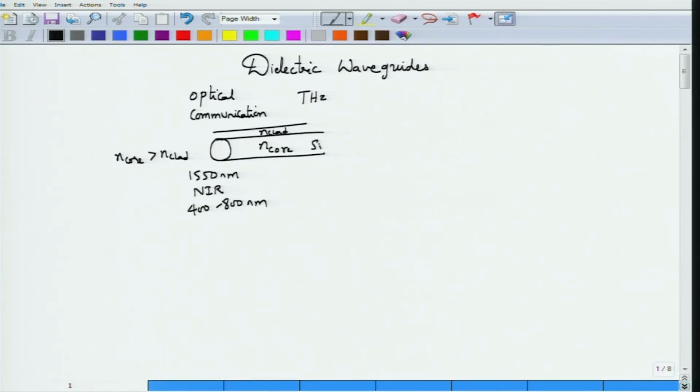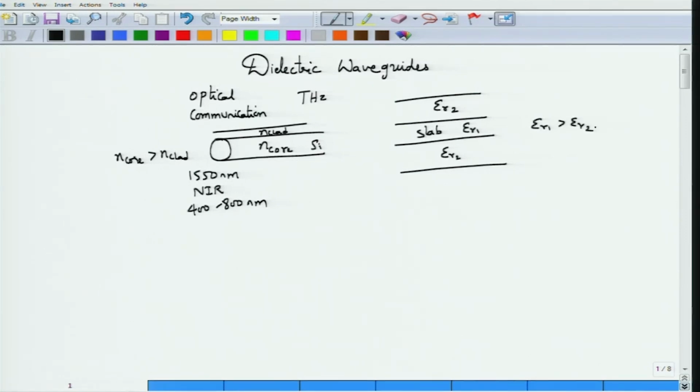These are called dielectric waveguides, and there are actually different types of them. The simplest one is called a slab waveguide, which consists of a certain material having relative permittivity epsilon r1, surrounded by a different medium of permittivity epsilon r2. If you want the wave to be confined inside this slab, then one has to choose epsilon r1 to be greater than epsilon r2.